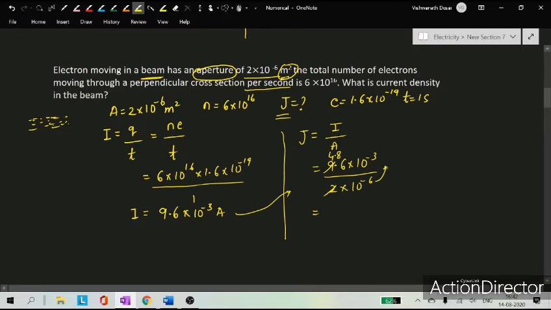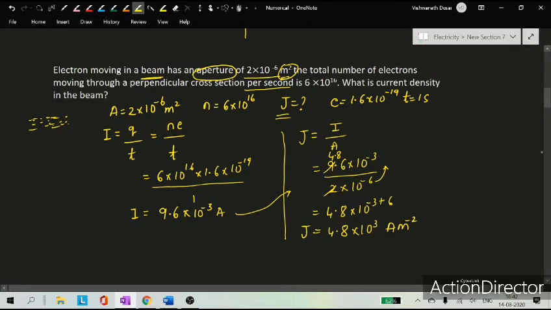And if you take it to the numerator, it becomes plus 6. So 4.8 into 10 to the power minus 3 plus 6, which is equal to 4.8 into 10 to the power 3. The unit of this current density is ampere per meter square. Remember that.